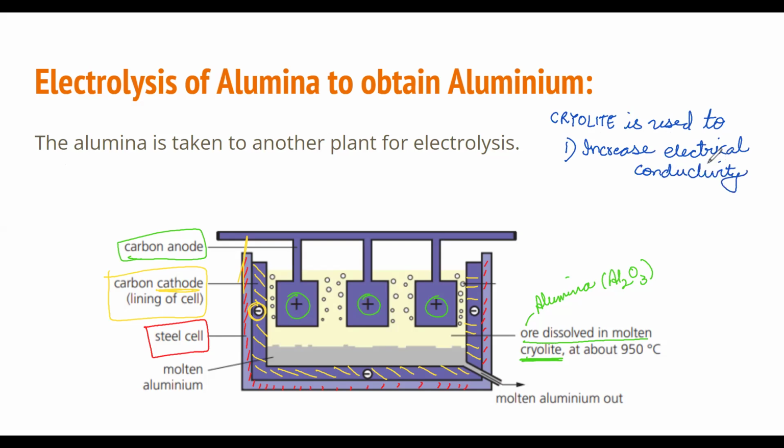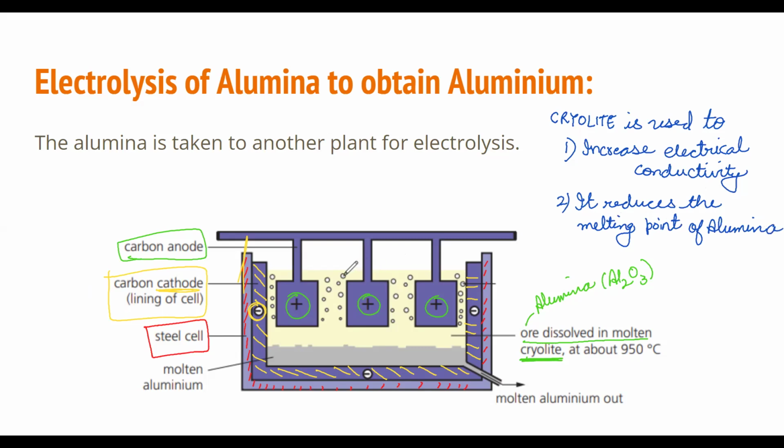And secondly, a most important reason is that it reduces the melting point of alumina. The melting point of alumina without cryolite is very high, so it takes a lot of energy to melt it. So in the presence of cryolite, alumina gets easily melted.